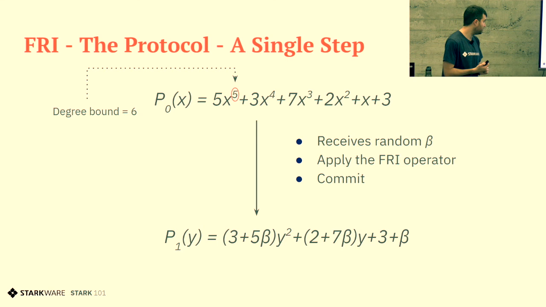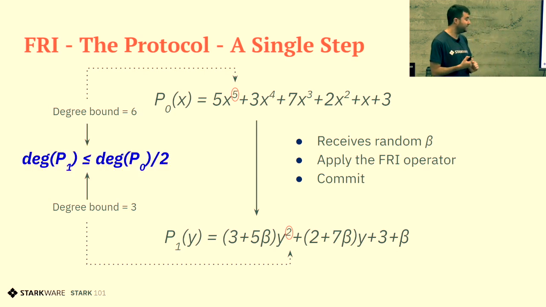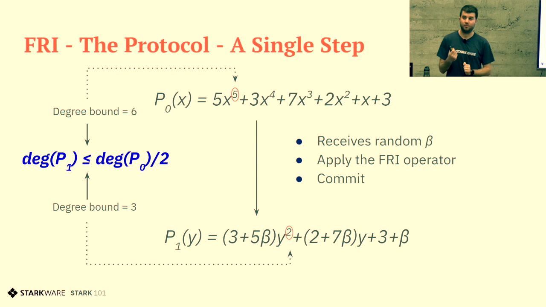And we finished with a degree bound of 3, because in the bottom line, for the function p1, each power is less than 3. So in total, the degree of p1 is bounded by half of the degree of the previous function. And this is exactly what the FRI operator allows us to do.